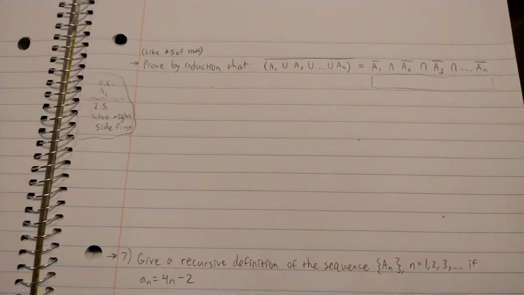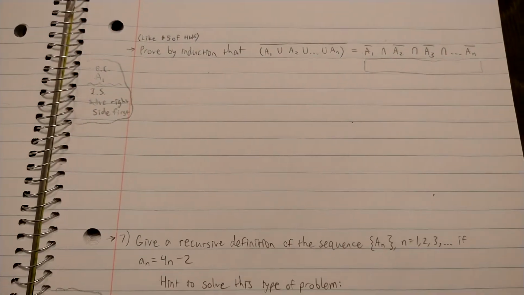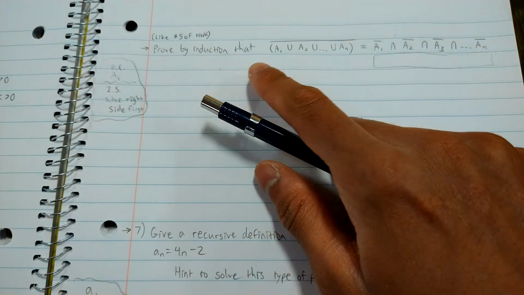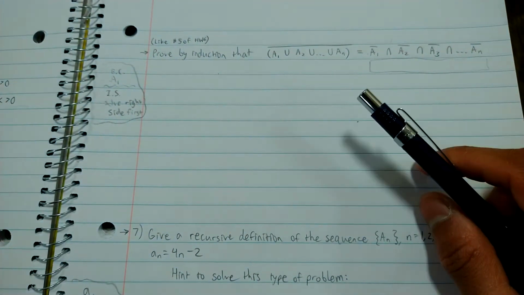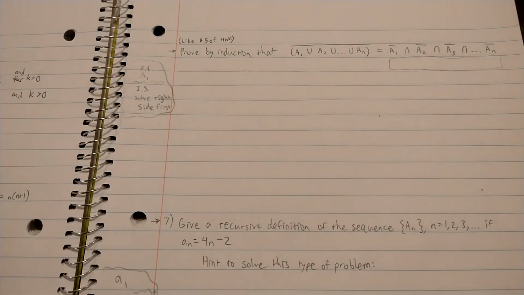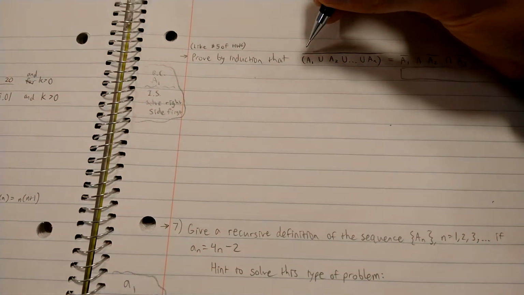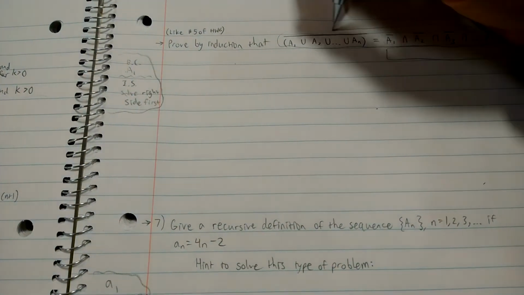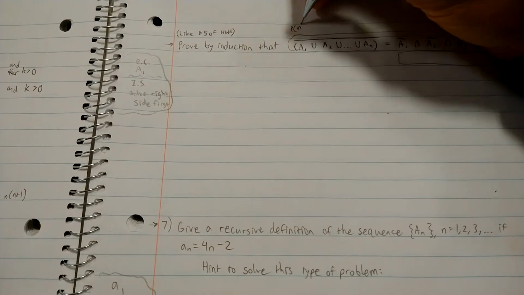So the next thing I'll show you guys is number 5 of homework 6, with the proof by induction for some sets. So let's see. First, remember that this whole statement that we have written here, this whole thing is P of n.